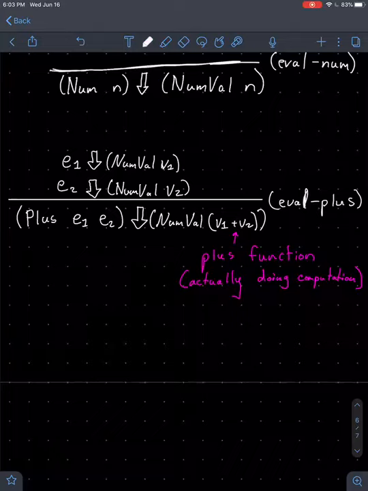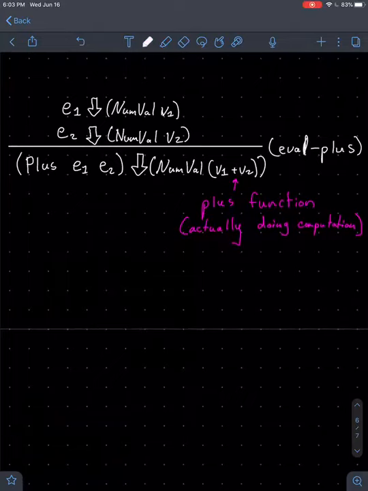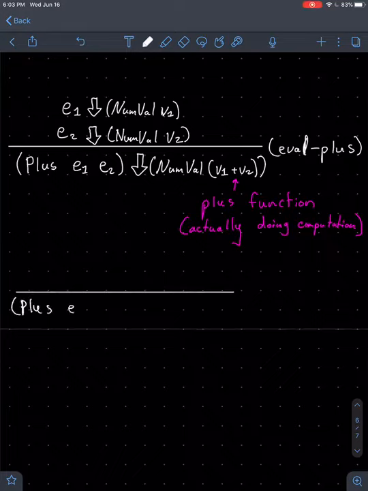So what if E1 doesn't evaluate to a number? What else could it be? Say I still have a plus expression of E1, E2, and that evaluates to something.